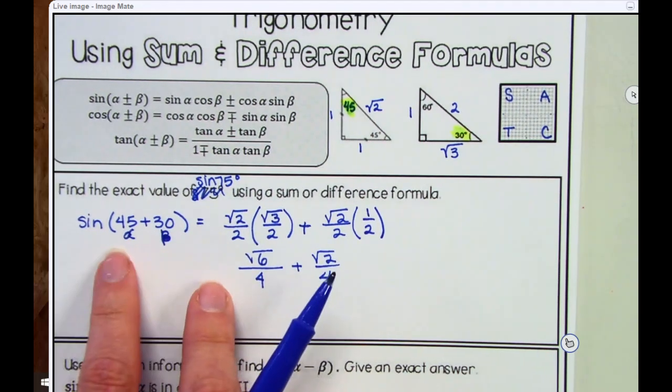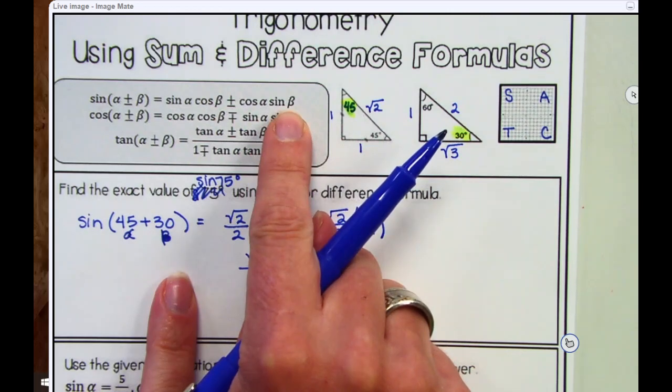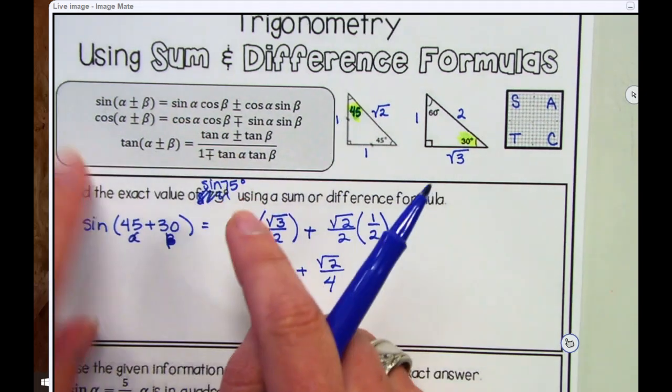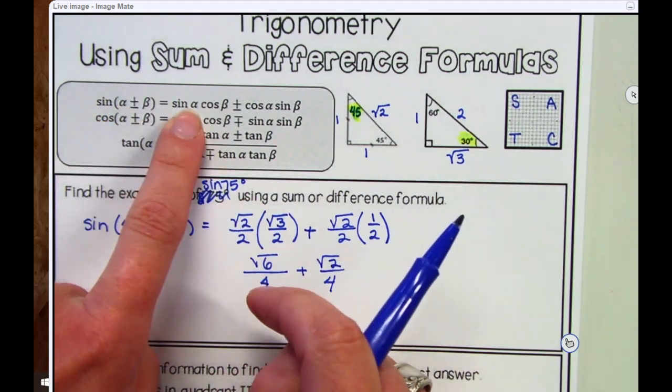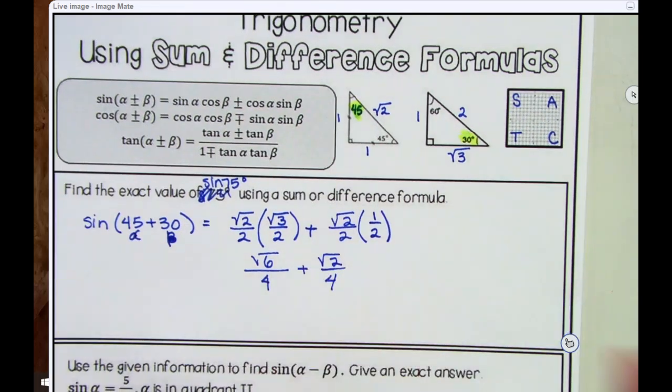I could have said 30 was alpha and 45 was second. As long as I follow the formula, I will get the exact same answer, I promise. Okay, so it doesn't matter exactly what corner you put as alpha and beta. Nope. As long as it's the two corners. As long as it's alpha here and here and here. So as long as you're consistent, it will be just fine.